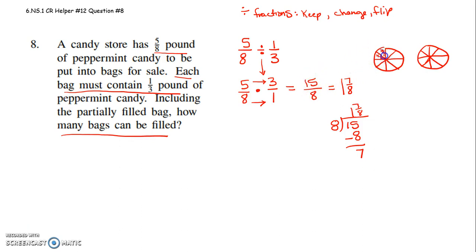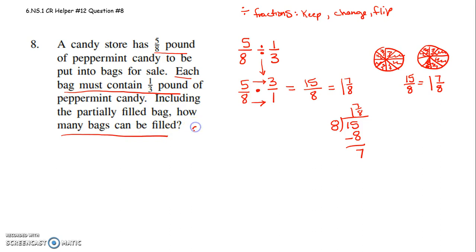Well, that's 1, 2, 3, 4, 5, 6, 7, 8, 9, 10, 11, 12, 13, 14, 15/8. So 15/8 is the same as 1 whole circle, and 7 out of 8 parts will be shaded on the second circle. So 1 7/8.